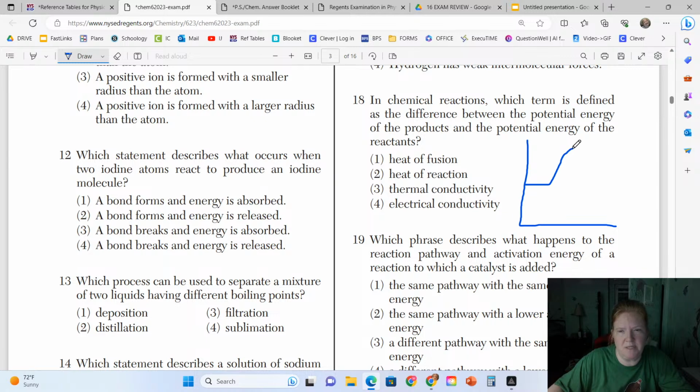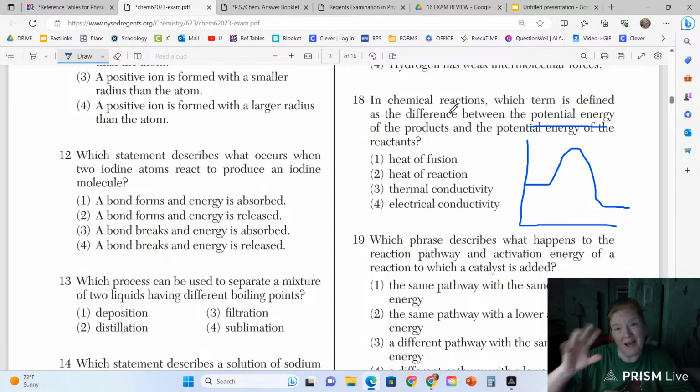So I'm going to draw a potential energy diagram right here, so I can visualize it. As soon as it says potential energy, products, reactants, I want to see it on the paper. This is reactants. This is products. So the question is asking which term is defined as this difference between products and reactants.